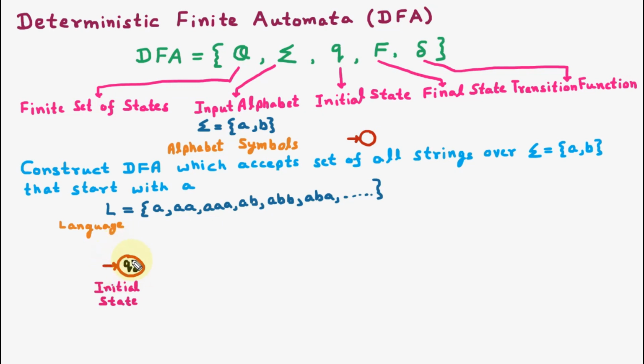To construct the DFA, the shortcut formula is we have to see which is the minimum length string. So here in the complete language, the minimum length string is A. So we have to work on this A, then the complete DFA will be designed. So here we are on the initial state and let us suppose that A will come.